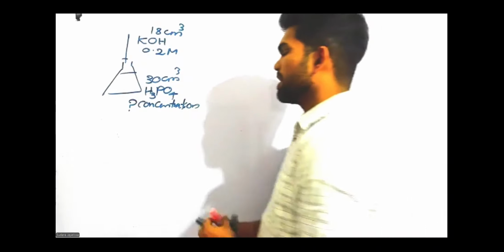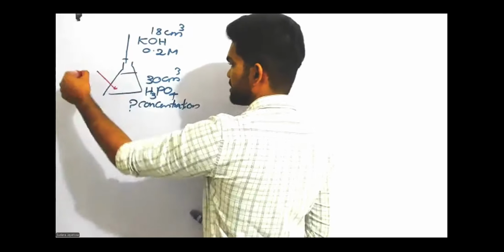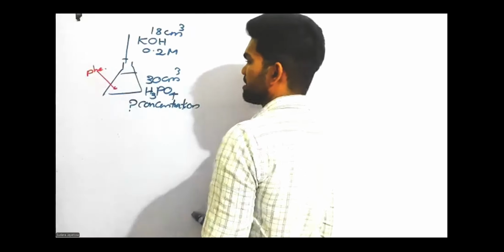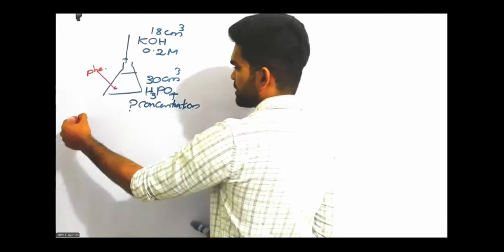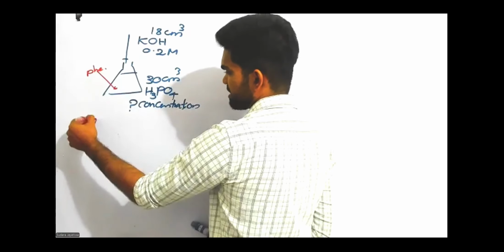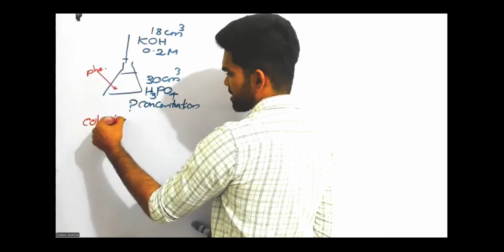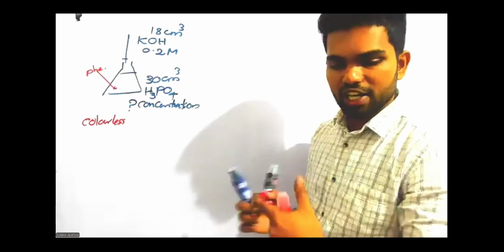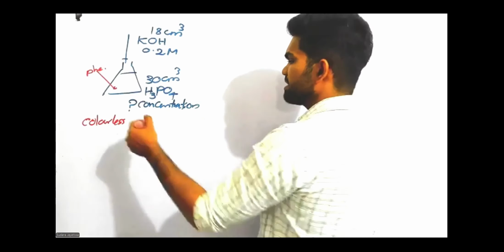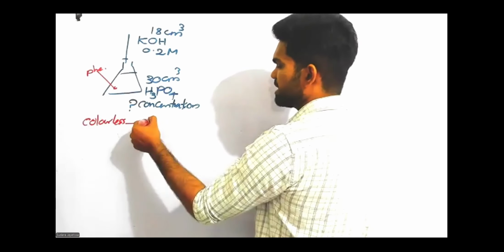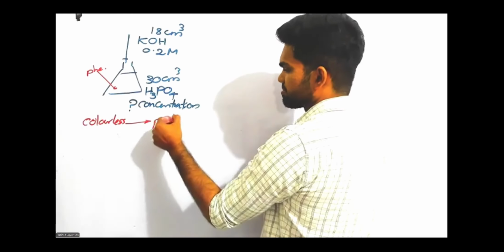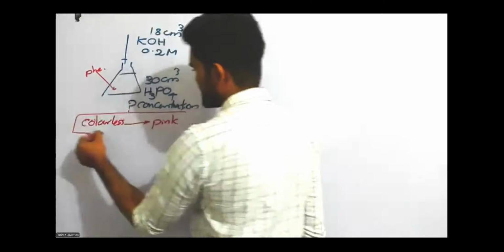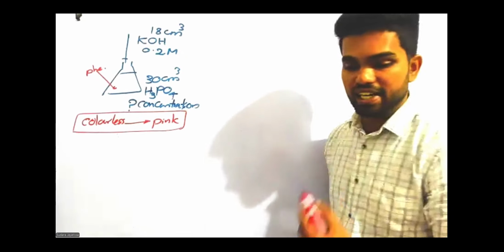Let's say you are adding phenolphthalein into this solution. This is an acidic medium, and phenolphthalein in an acidic medium is colorless. When the reaction is completed, that means when it has reacted fully with KOH, it changes to the basic medium color, which is pink. We will discuss more about indicators in a later lesson.